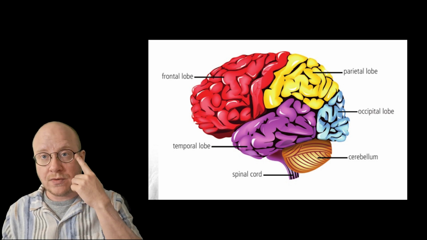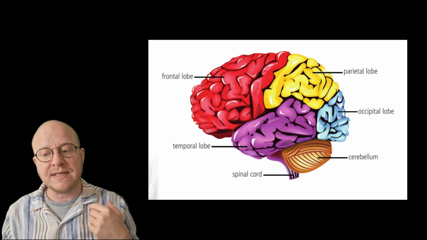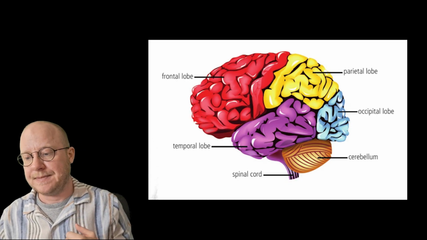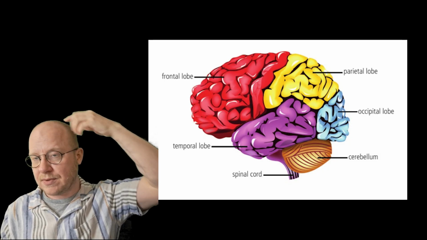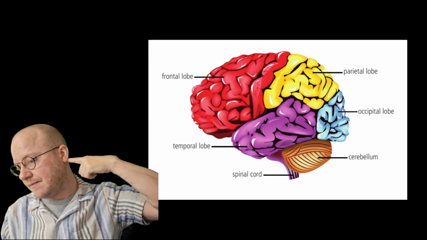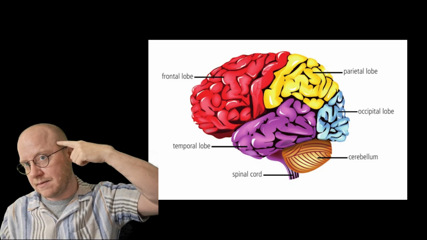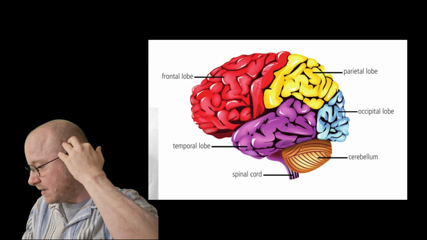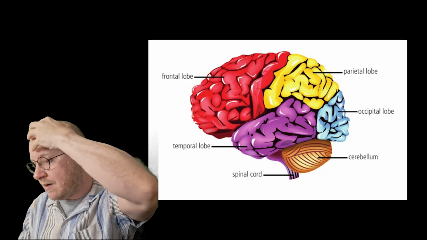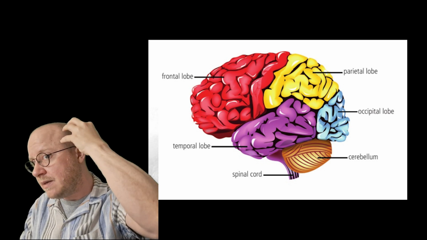Information from photoreceptors for visual information travels to the occipital lobe. Okay, so the occipital lobe, the parietal lobe, the temporal lobe is kind of here, I guess. I can show you in this section. So we've got frontal lobe, parietal lobe, occipital lobe, temporal lobe.